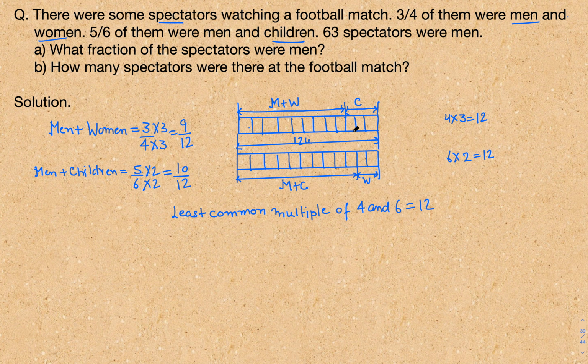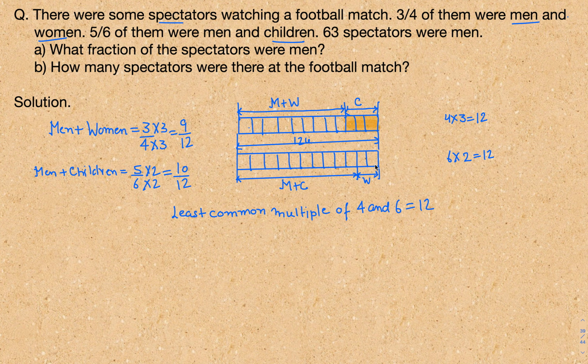But from here you see the last 3 units are for children, right? So let's highlight it. The last 3 units here are for children, and it's obvious also because men plus women is 9 by 12, meaning out of 12, 9 units are for men and women. So 12 minus 9 is 3, so from here also you can get that 3 units are for children.